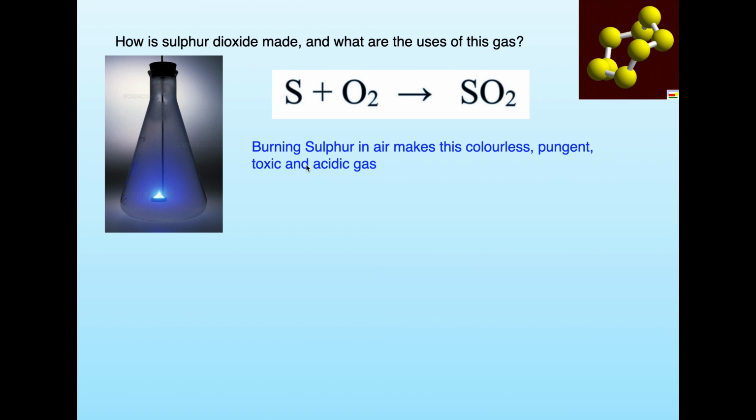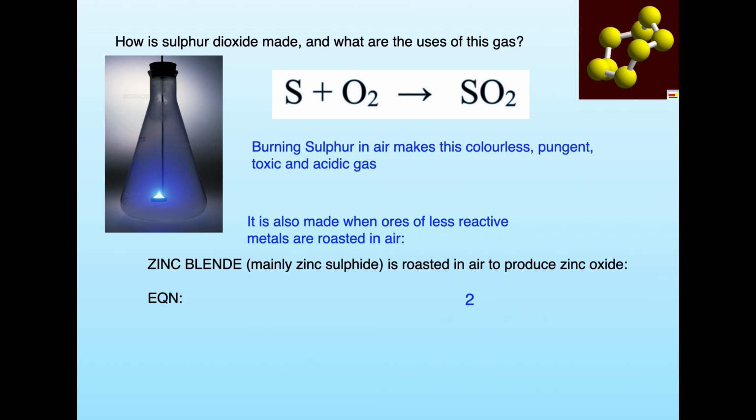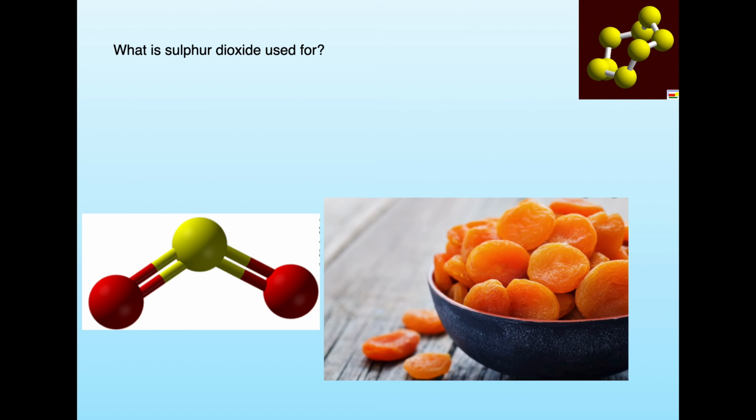It makes this colourless, pungent, toxic and acidic gas. It's a nasty gas, sulfur dioxide. We can also get sulfur dioxide, as we saw in the last section on metals, when we roast metal ores in air, some of the less reactive metals like copper and zinc. So zinc blende, when we roast it in air, we can produce sulfur dioxide.